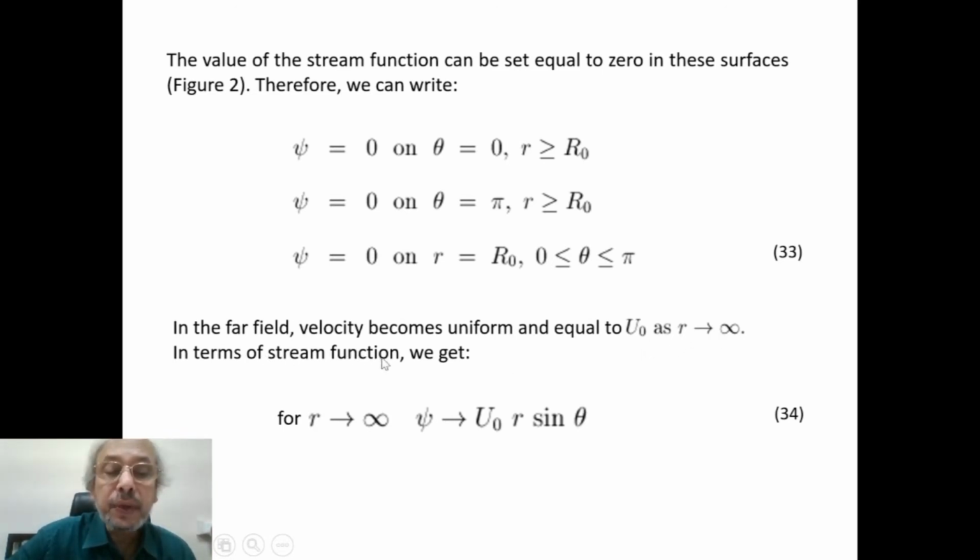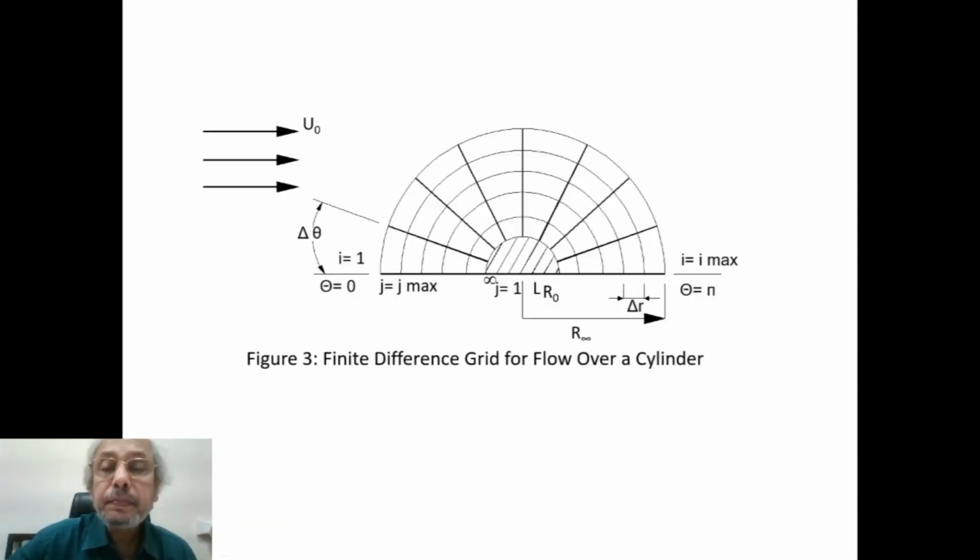In terms of stream function, as r tends to infinity, psi tends to u0 r sin theta. And this is with respect to this grid. You can see r0 is the radius of the cylinder, and r infinity is far away from the solid body. I have just given an example schematically.